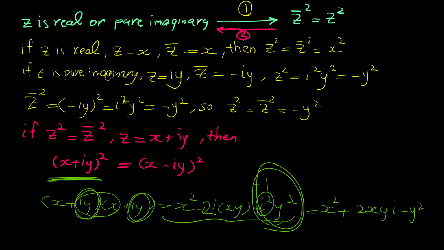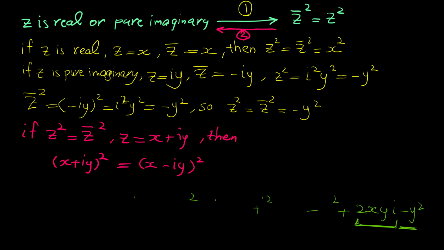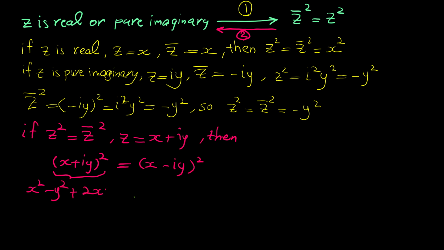So left side is x2 minus y2 plus 2xyi. Keep this in your head. So left side of this equation is x2 minus y2 plus 2xyi.